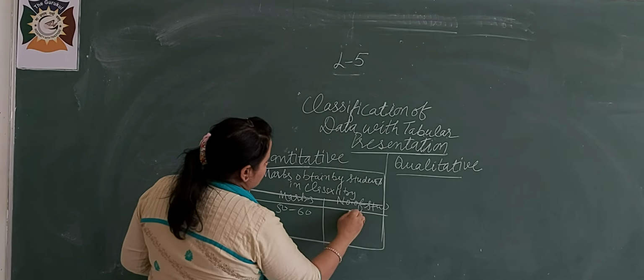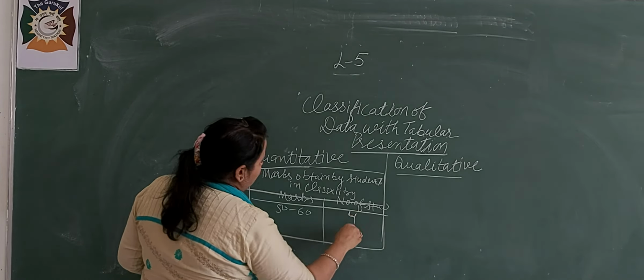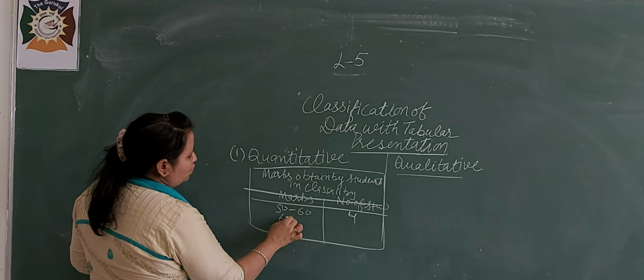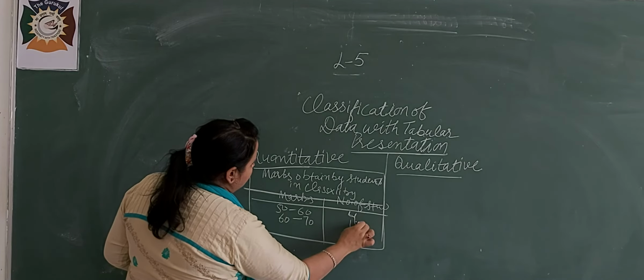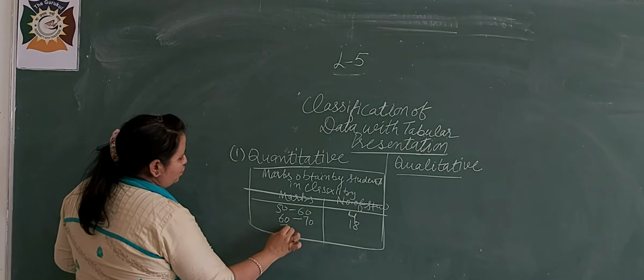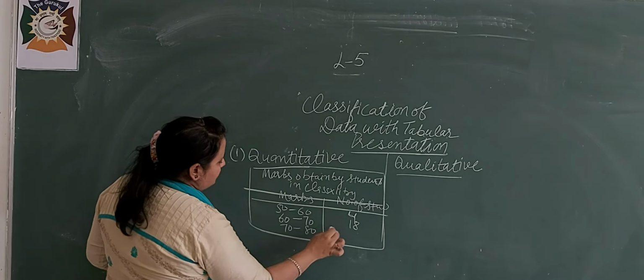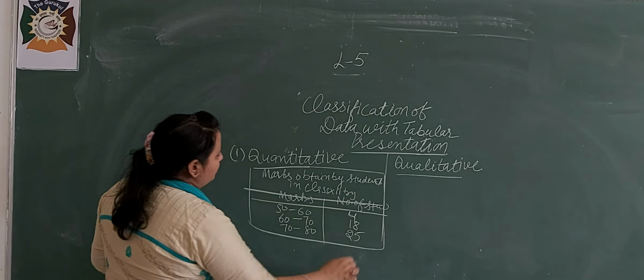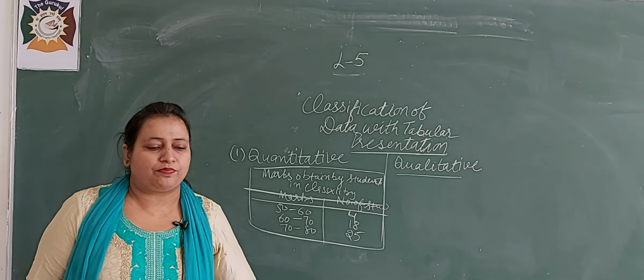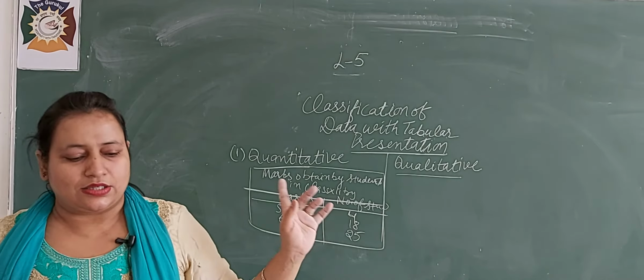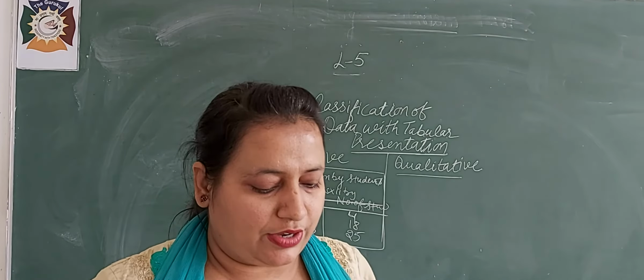These number of students are 4. Who score 60 to 70% marks, these are 18. 70 to 80% marks, these are 25. So this is the classification which is based on the quantity. That is known as quantitative classification.